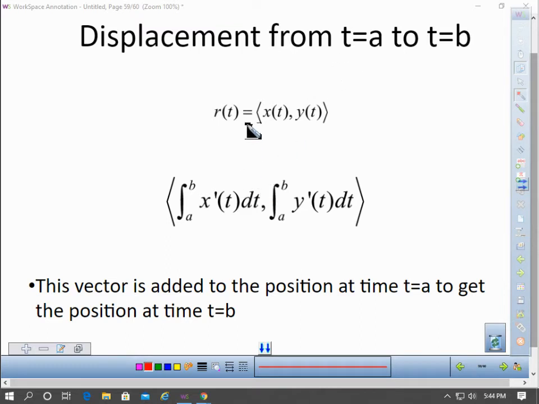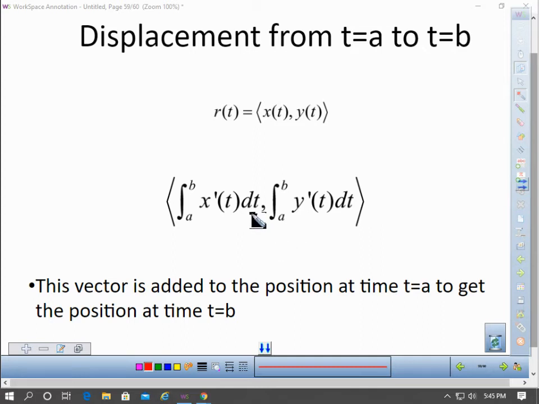So displacement. When you're doing displacement with our vector valued functions, it's the integral from a to b of x prime, so you're integrating the x component of your velocity, and you're integrating the y component of your velocity vector. So you're integrating x prime and y prime, given the position vector r of t.